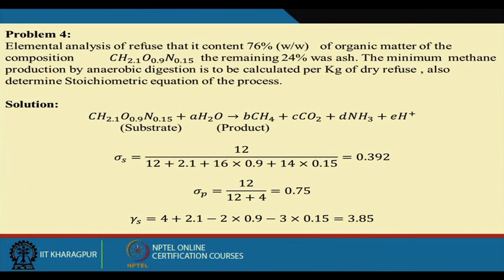These bigger molecules, with the help of hydrolyzing enzymes like cellulase, amylases, protease and lipase, are degraded to smaller molecules, and then they become solubilized. After that, they undergo the acidogenic reaction.